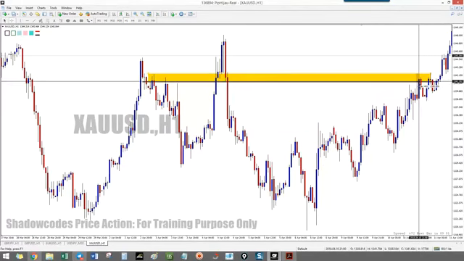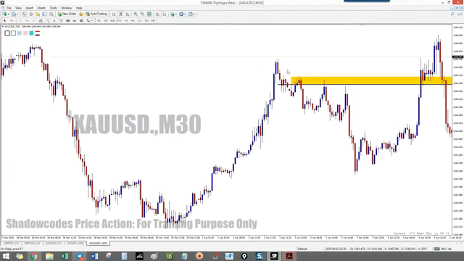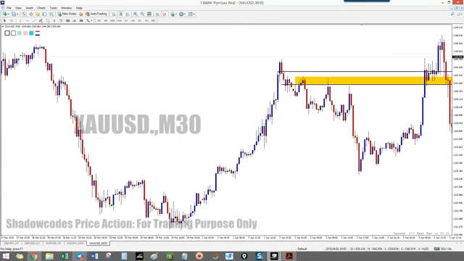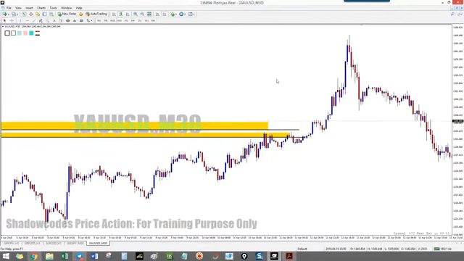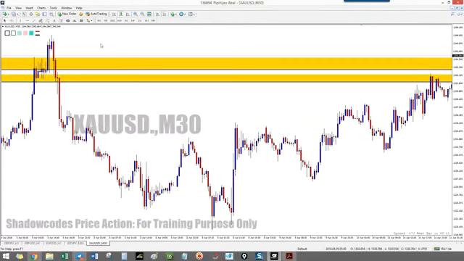Reject only about 20 pips like that. And M30, this one just got broken. So this one got about 20 pips.